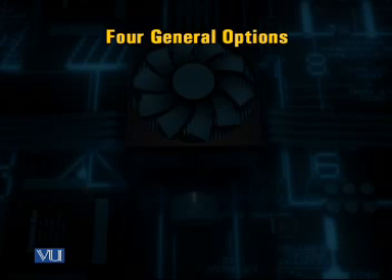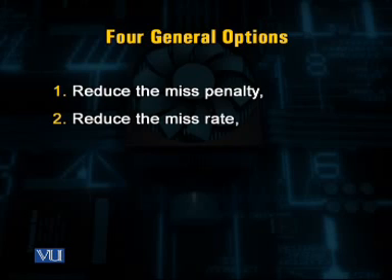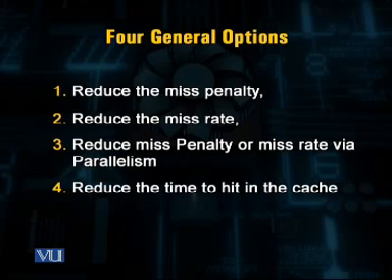In order to improve the cache performance, we may reduce the miss penalty, or reduce the miss rate, or reduce the miss penalty or miss rate via parallelism, and the last one is to reduce the time to hit in the cache.